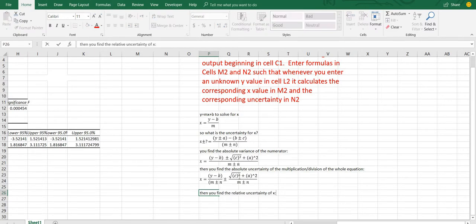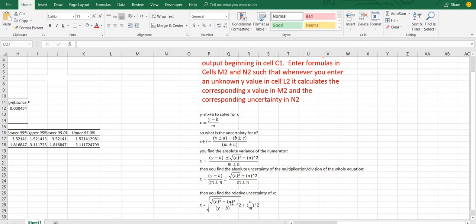So let's write that down. To find the relative uncertainty of x, you're going to divide the uncertainty by the value. So you will divide the uncertainty of c by y and the uncertainty of a by b, and it will be something like this.